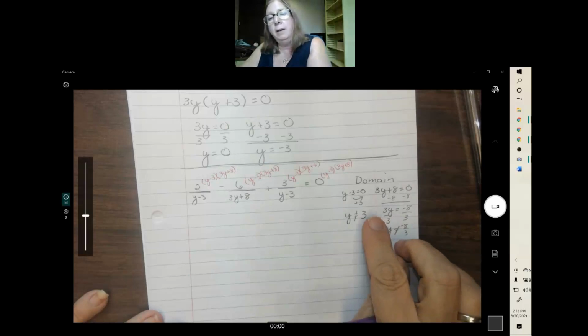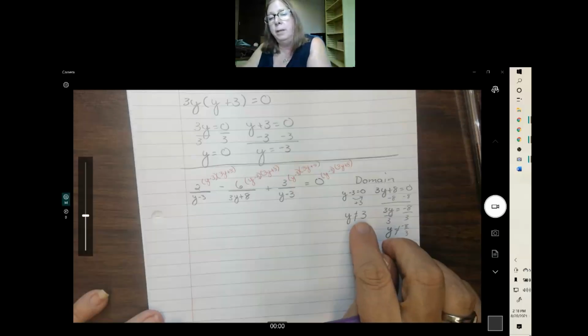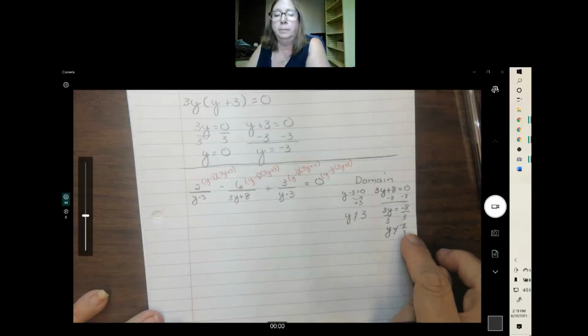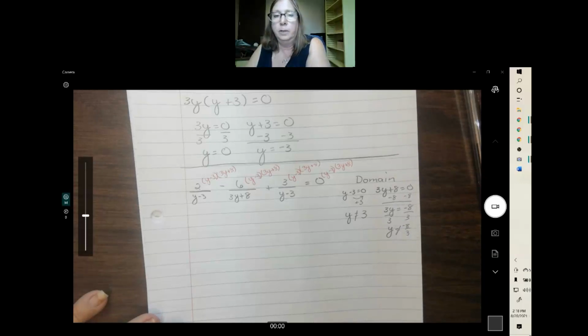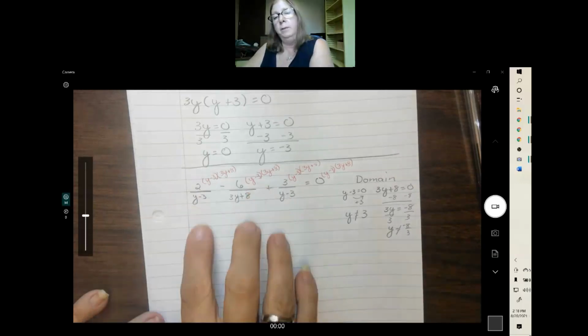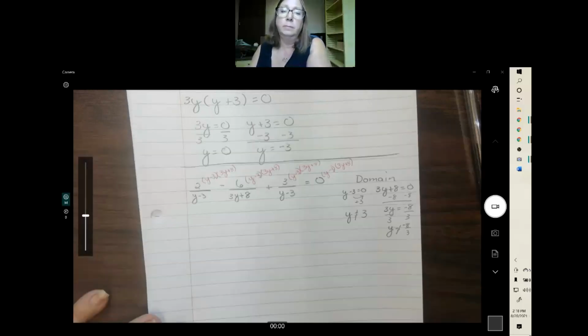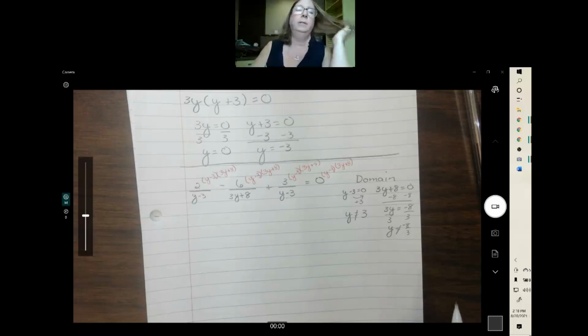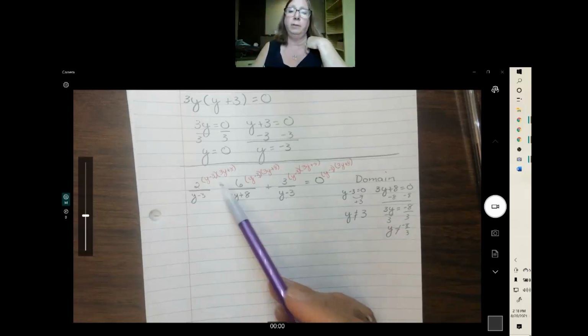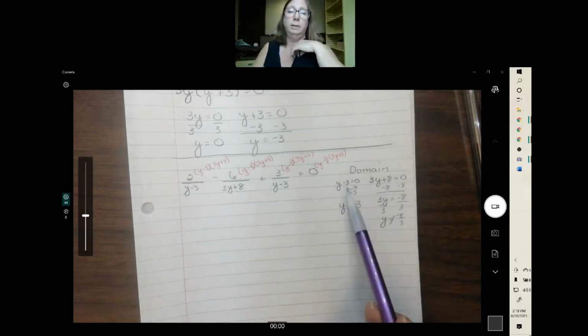So y can be any value except for 3 and negative 8/3. When we solve this then, if it's one of these two values, we omit those. Any questions so far? So find your common denominator and then set it equal to 0 to find the domain.